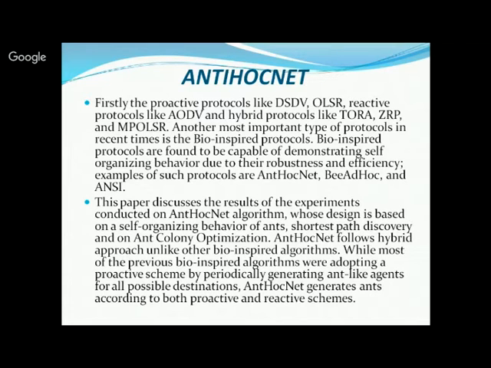Now they are saying that optimization algorithms are connected with the network protocol to produce a hybrid protocol known as ANTHOCNET.